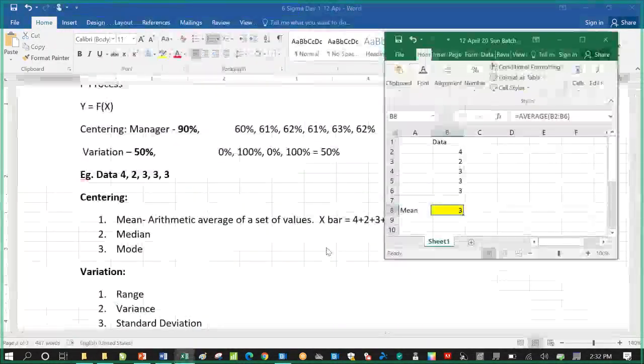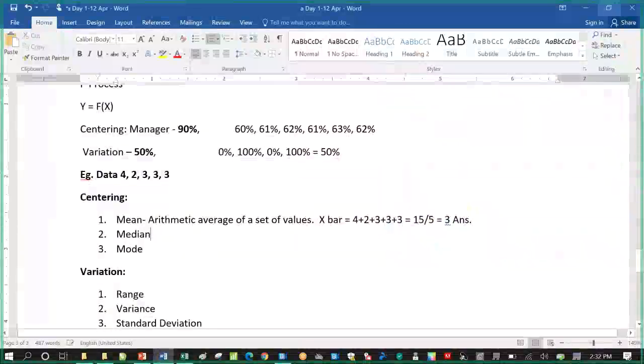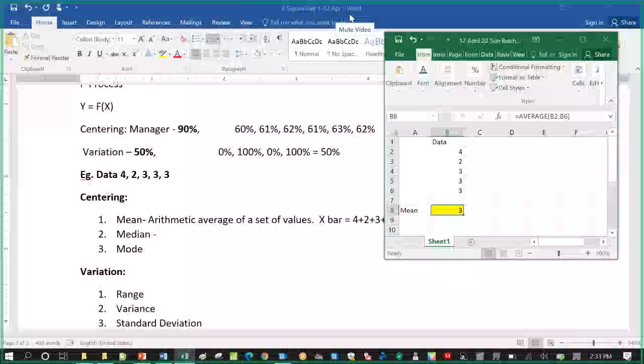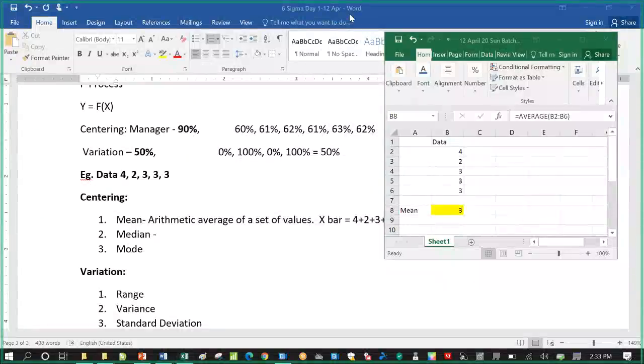Second comes median. In simple words, for mean, it is the sum of all the values divided by the total count of data points.